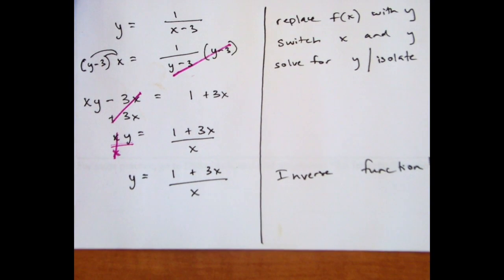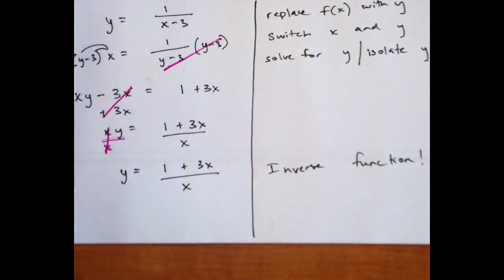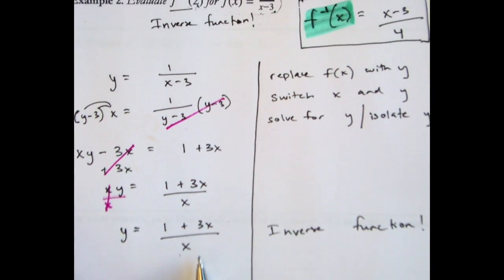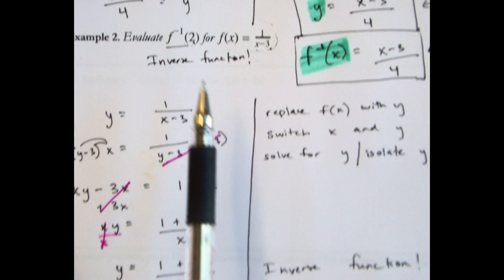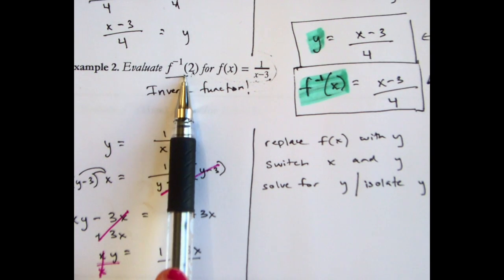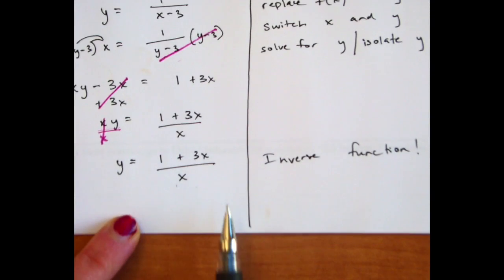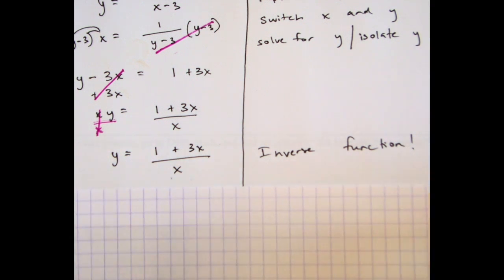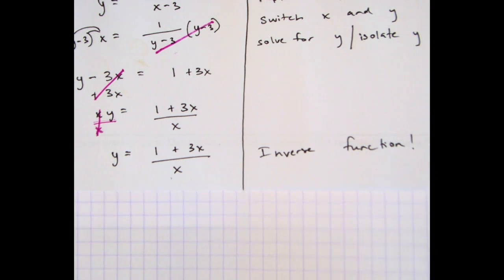Once you have your inverse function, I want you to go back up to what we're trying to do in example 2. Think about how you could evaluate the inverse function for the input of 2, now that you have the inverse function. One thing I might do, notation-wise, is replace y with the inverse of f of x.